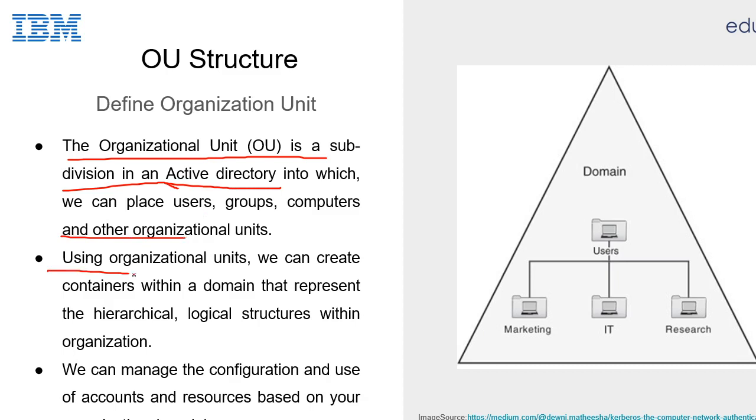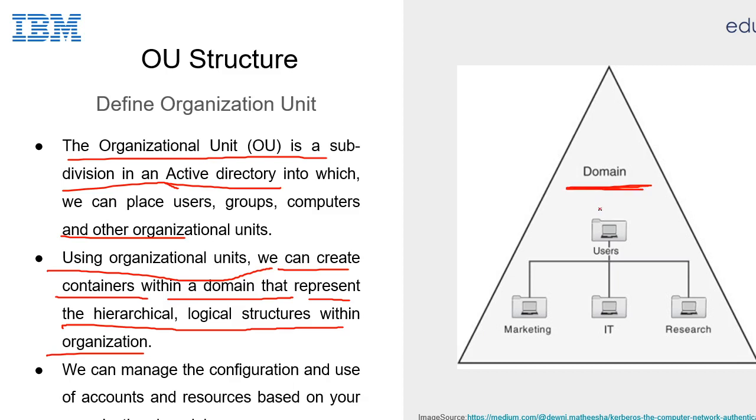Using organizational units, we can create containers within a domain that represent a hierarchical logical structure within the organization. For example, you can see here that Active Directory is created for this domain. That domain contains users as an organizational unit, which can contain marketing users, IT users, and research users.